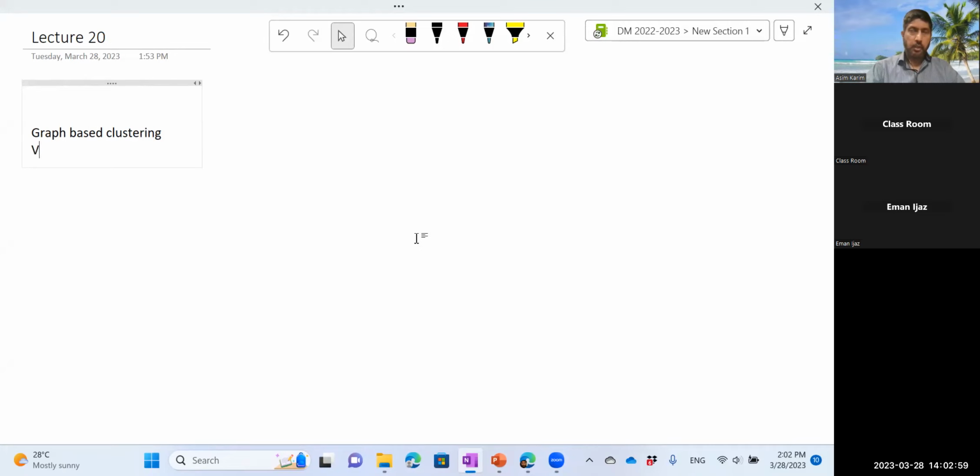So a graph G is basically two things: a set of vertices and a set of edges. So vertices small vi would belong to the set V, and of course i is equal to 1 to n. So in the case of clustering, these n would be the objects. Each node, each vertex is an object. So each object is represented by a node or a vertex in the graph.